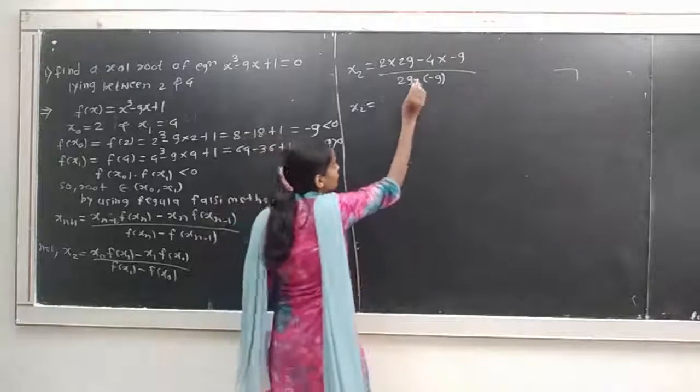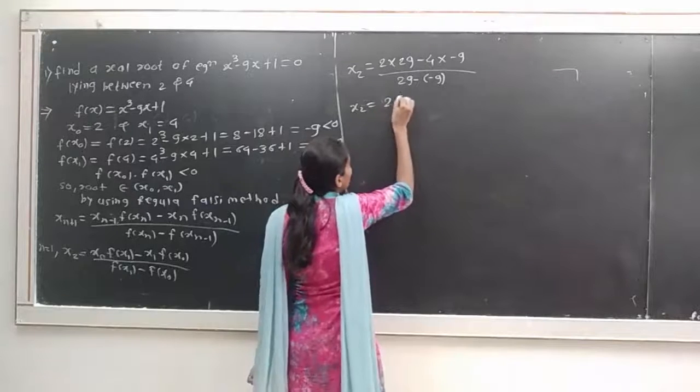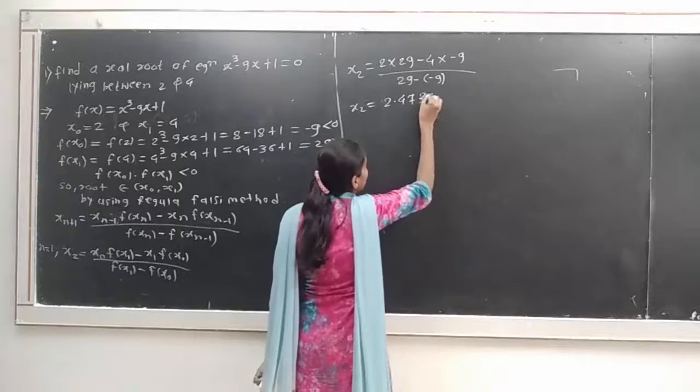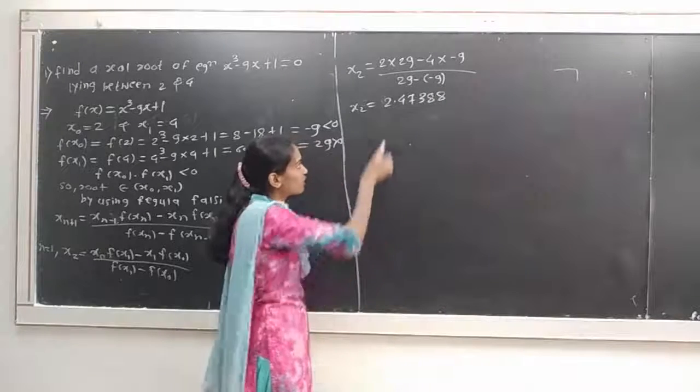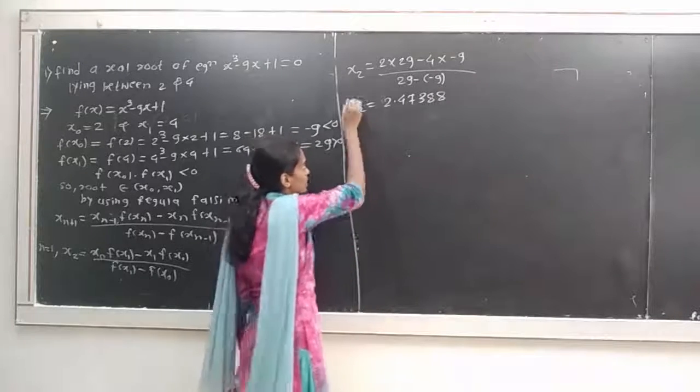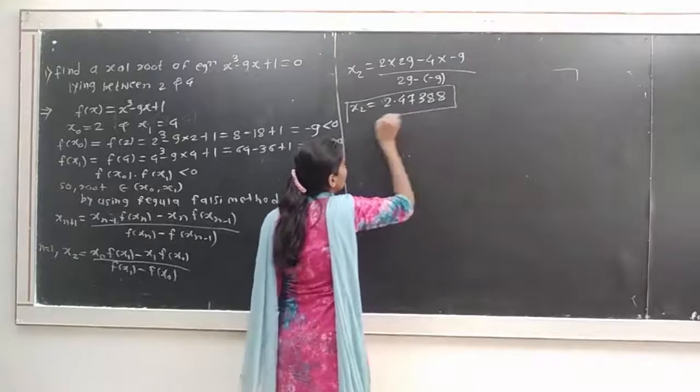After this calculation we get the value 2.47388. We can use the calci for this calculation because scientific calculator is allowed for this course.